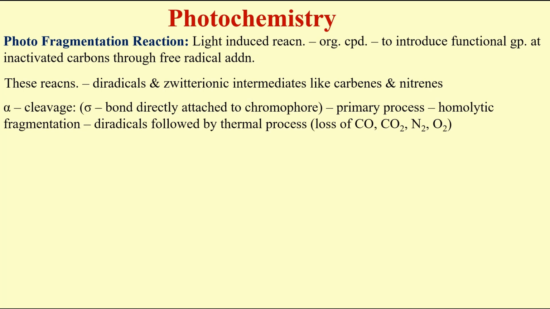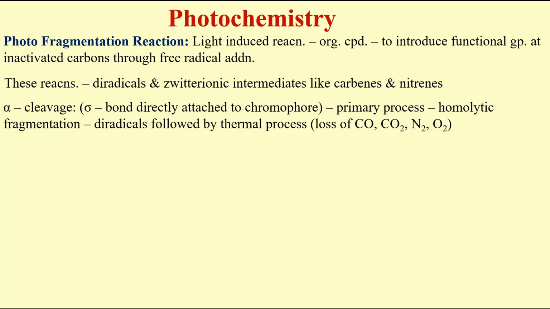The first variety of photofragmentation reaction is alpha cleavage. Fragmentation means it fragments into smaller molecules. Here there should be a cleavage, and the cleavage occurs at the alpha position. That's why it is named alpha cleavage.